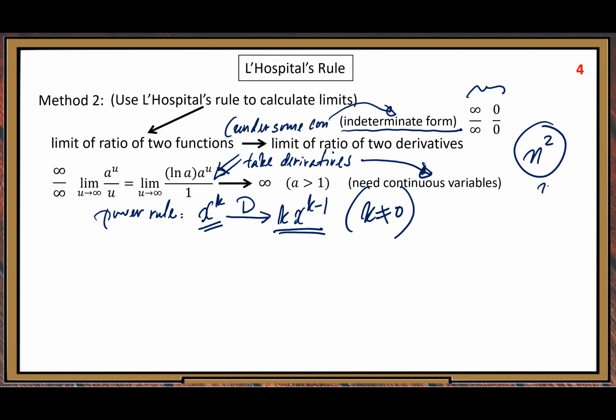You cannot, because that n is a discrete variable. The values for n, 1, 2, 3, are discrete values. There is no definition for its derivative. But when we look at x, then we can take it, because x takes continuous values.